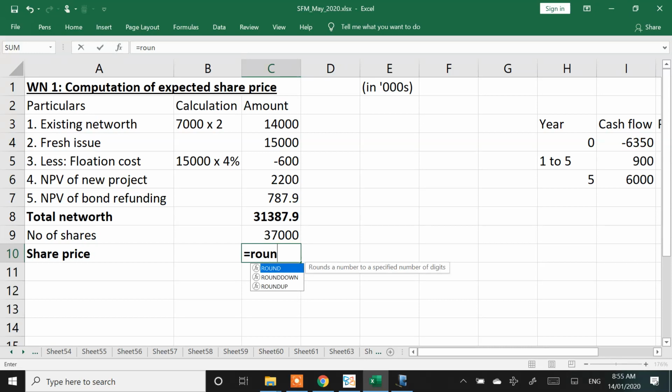And my share price is going to come down drastically. The reason is my new issue has been made at 0.5, whereas the existing share price itself is 2 rupees. There is no logic of making that new issue at 0.5. So share price comes down drastically because the new issue has been made at a significantly lower price. Because of that, the share price has crashed.